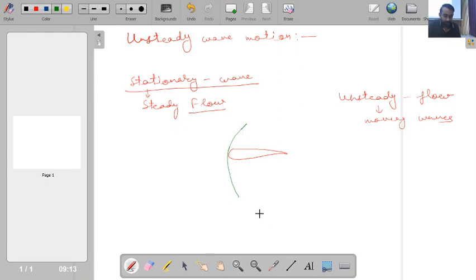Now what happens is, basically, our ambient fluid is stationary, and this particular whole structure is moving with some velocity. So as it is moving with the velocity, the wave which is adhered to this particular structure is also moving at the same velocity.